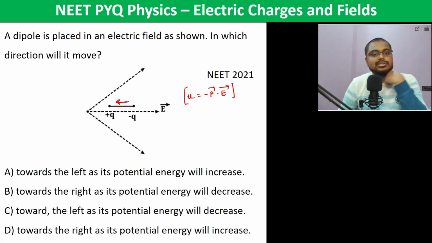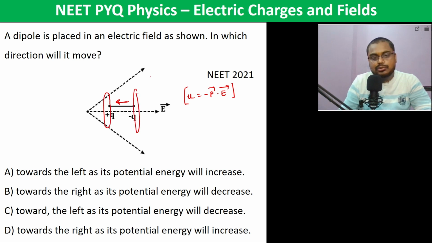The electric field is greater here and less here, which we can see from the density of the electric field lines. Therefore the plus q is going to experience a force in this direction, qE, which will be greater, and minus q will experience a force in this direction, which will be smaller.